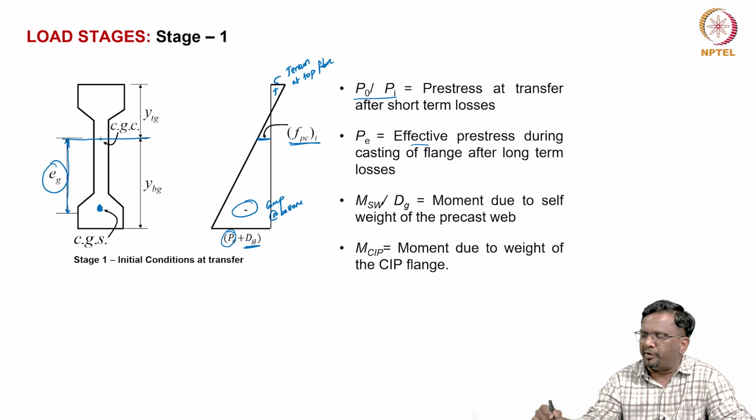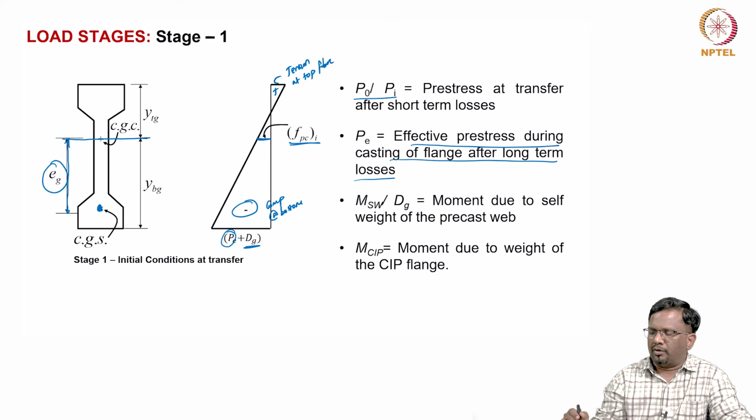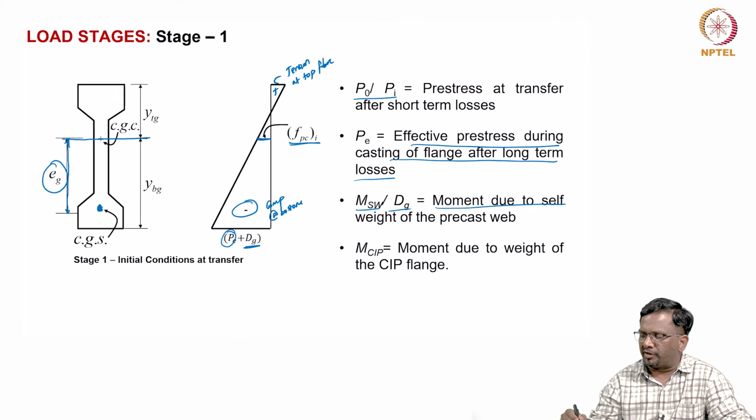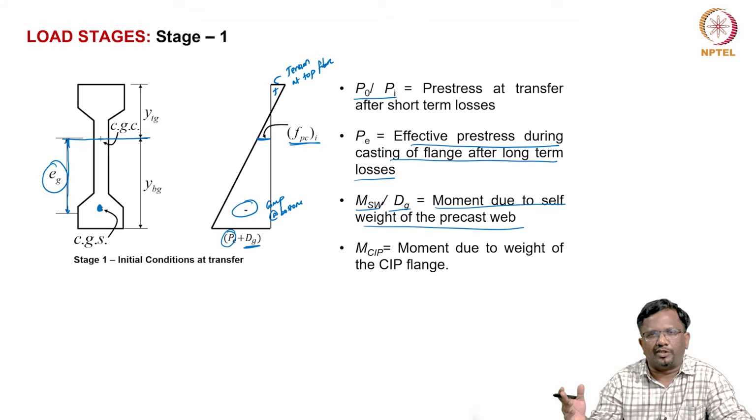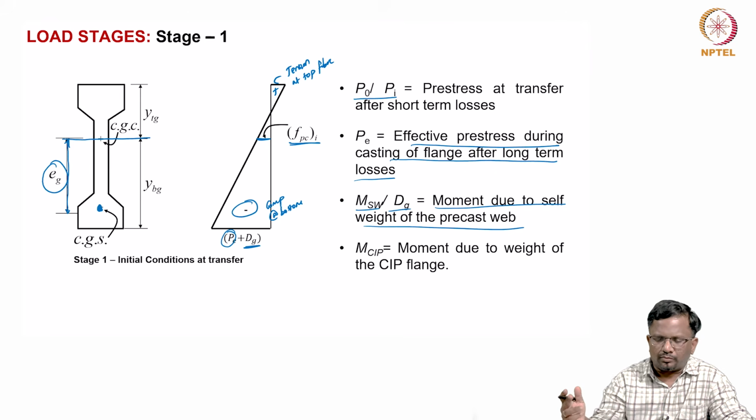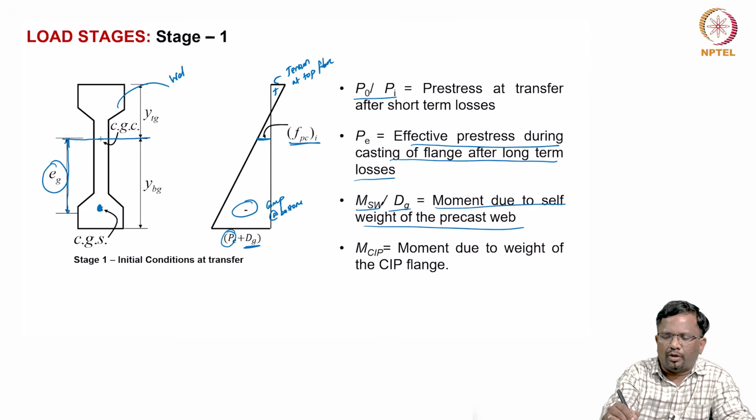P is the effective pre-stress during the casting of the flange after long-term losses, and MSW and DG are the moment due to the self-weight of the precast web. Either you call that DG, the self-weight moment, or MSW, the self-weight moment for the precast web, because this is done using precast and this will form the web in the composite section.